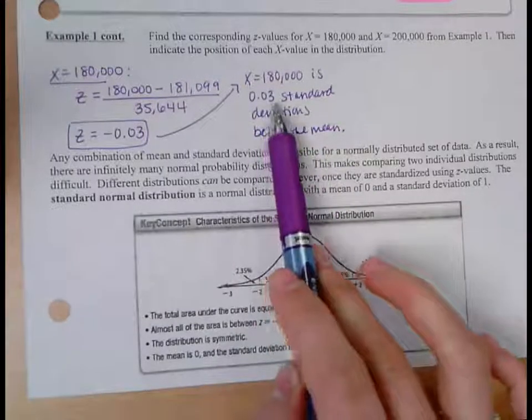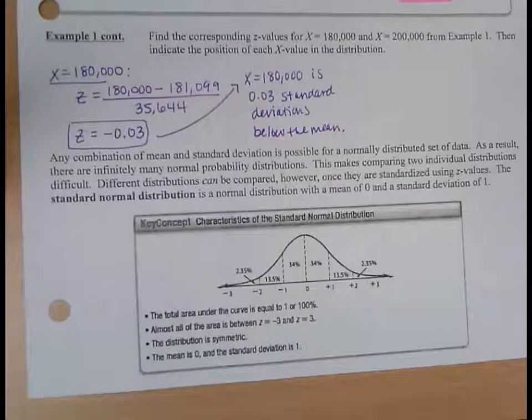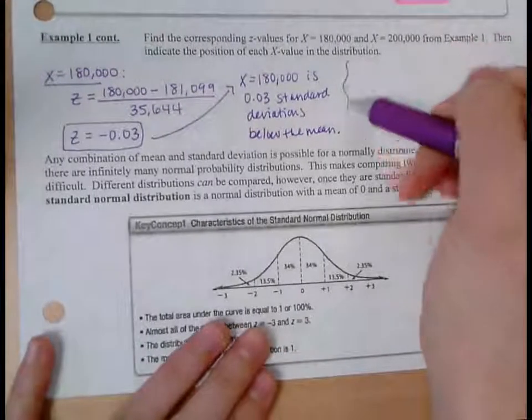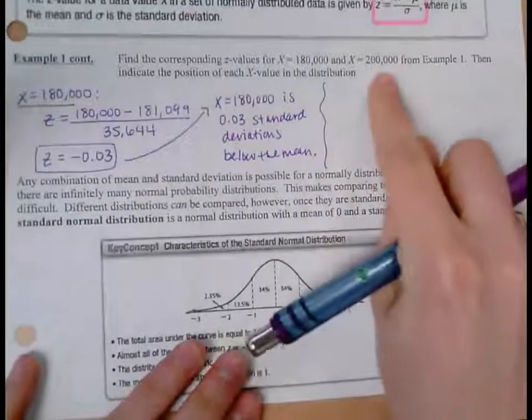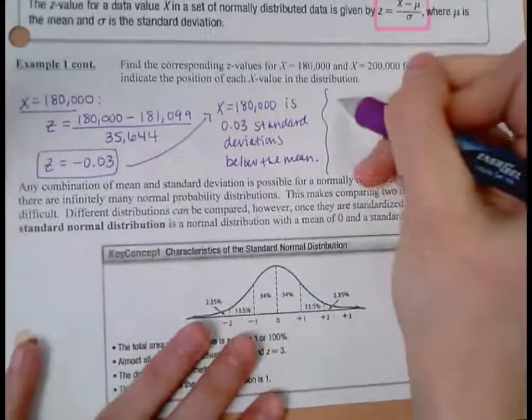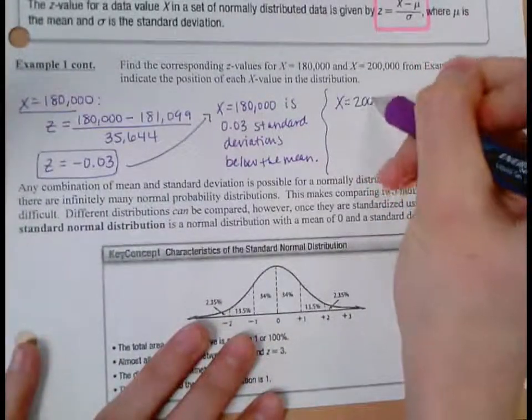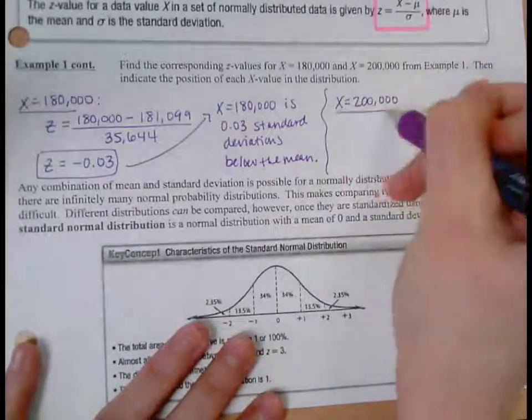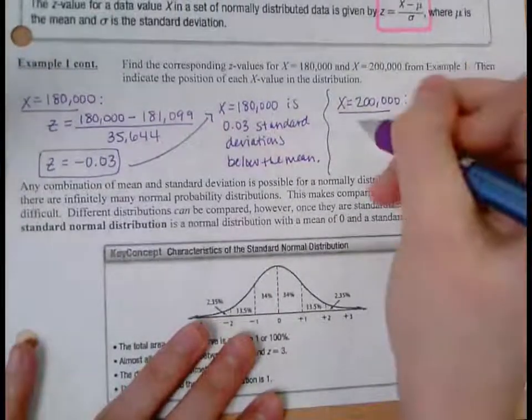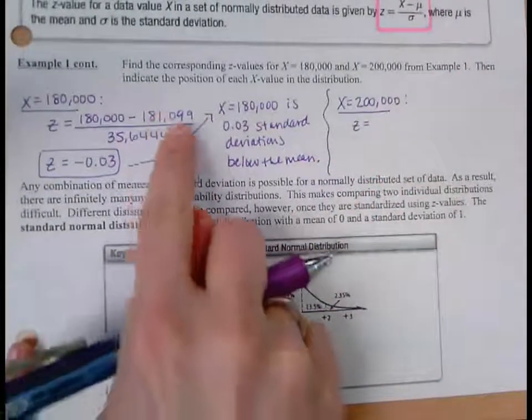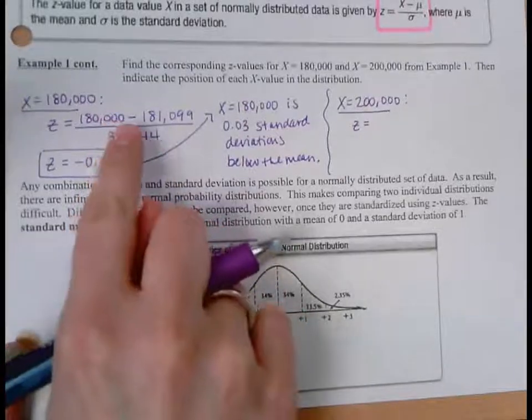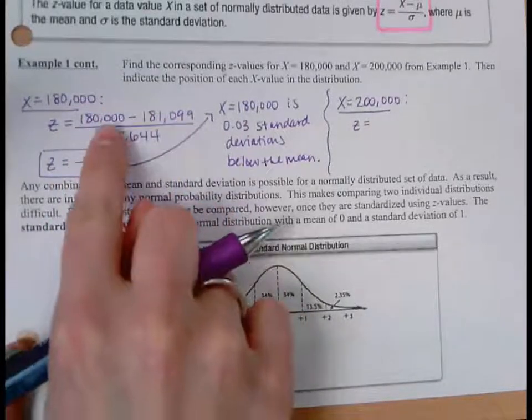Yes, if you did 0.03 sigma, that's fine too. Okay, so we'll do the same thing for the x value 200,000. Now, your mean and your standard deviation are the same. The only thing changing in this calculation is your x value.